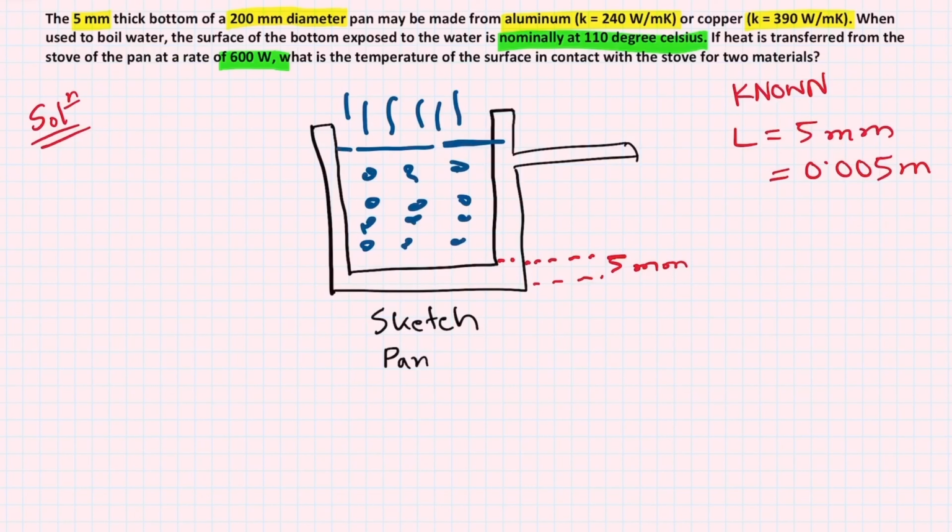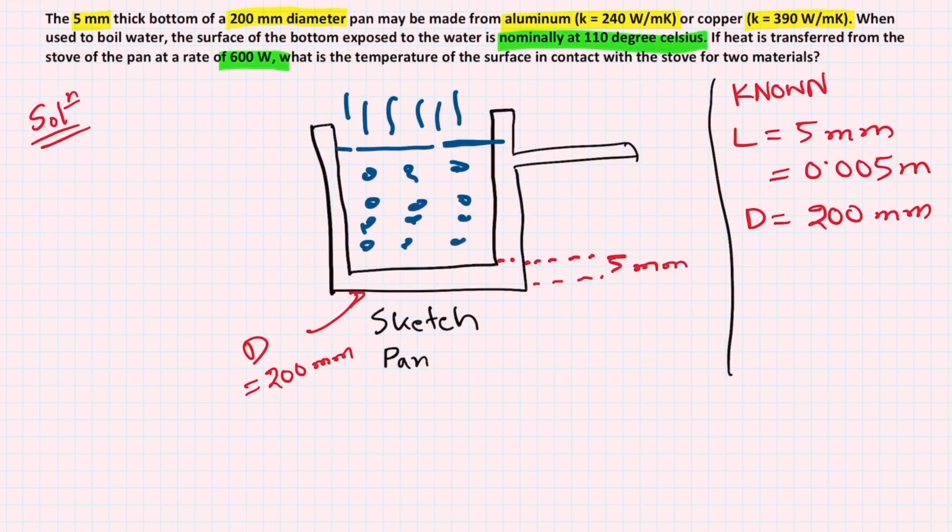We also know the diameter of the bottom surface of the pan, so we know the diameter D of this pan, which is given as 200 millimeters. So we can write in our known column D equal to 200 millimeters or 0.2 meters. Since it says diameter, this means the bottom surface of this pan is a circular surface, like a disc.